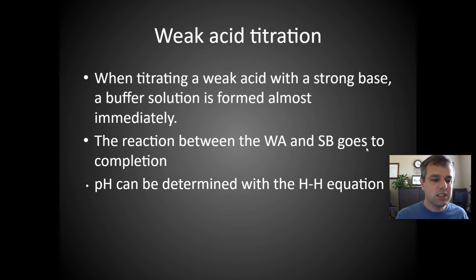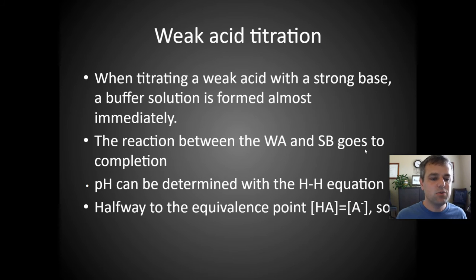But what's really significant is that halfway to the equivalence point, you have converted half of your weak acid into conjugate base, so you have equal amounts of both. And if we remember, based off of the Henderson-Hasselbalch equation, if your weak acid and conjugate base ratios are equal, then the pH equals the pKa.